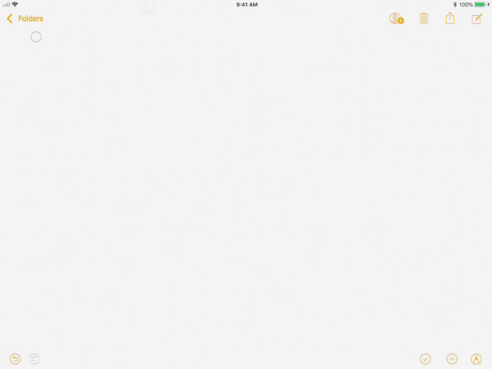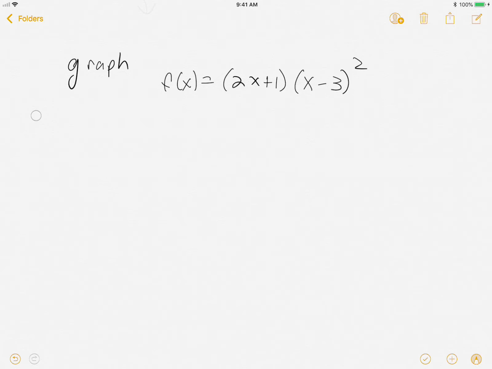Okay, so let's do an example. Let's graph f of x equal to 2x plus 1 times x minus 3 squared. Okay, so let's first find the zeros. That's where f of x equals 0.